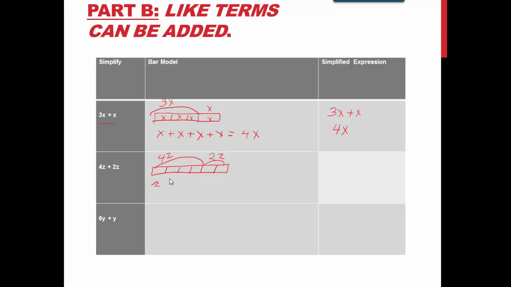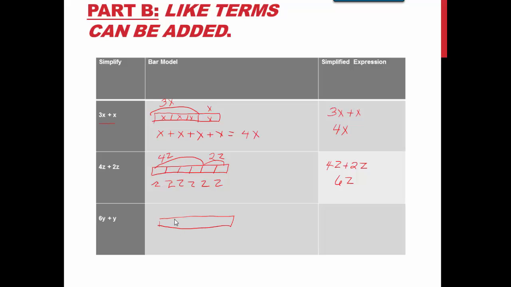All of these are adding up all the z's. 4z plus 2z equals how many z's? 1, 2, 3, 4, 5, 6. 6z's.